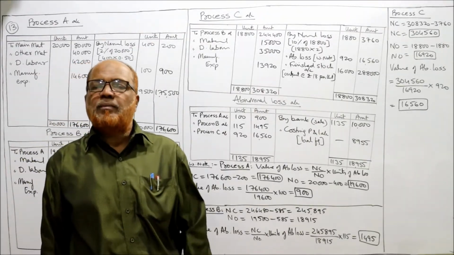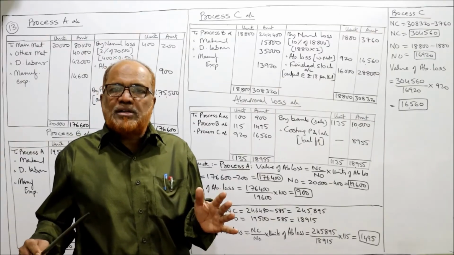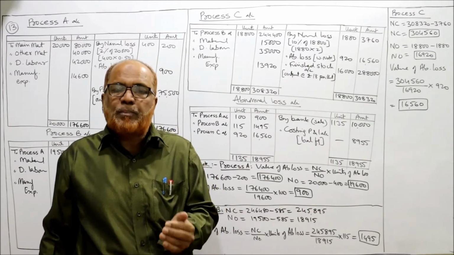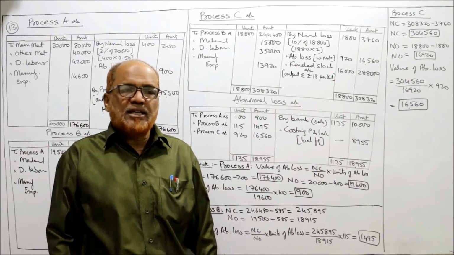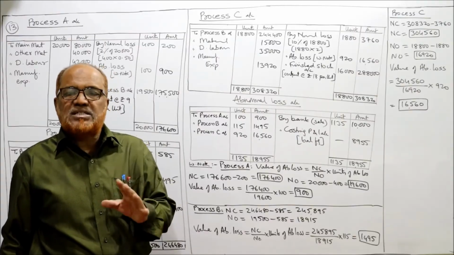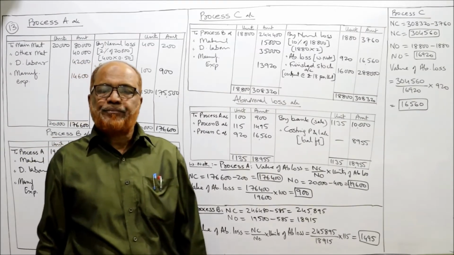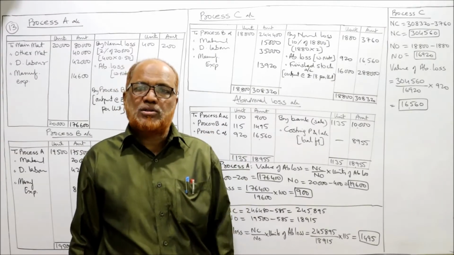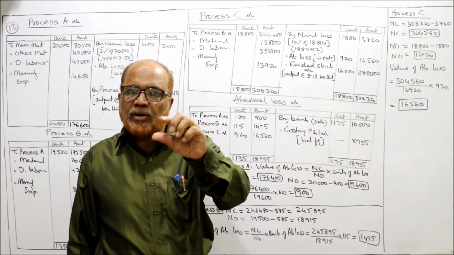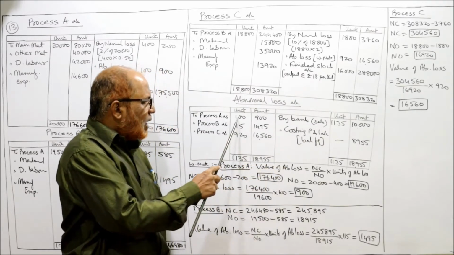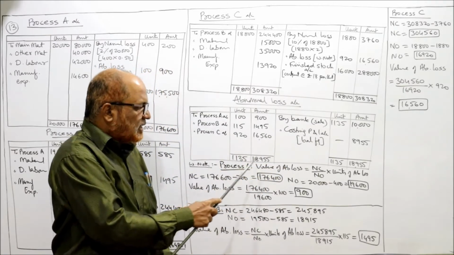Now it is given in the problem that all the abnormal units are sold in one lump sum and fetched a price of rupees 10,000. All the units of abnormal loss were sold and 10,000 rupees came in. Entry will be bank account debit to abnormal loss account. So by bank sale 10,000. If you add up all the units, you'll get 1,135.